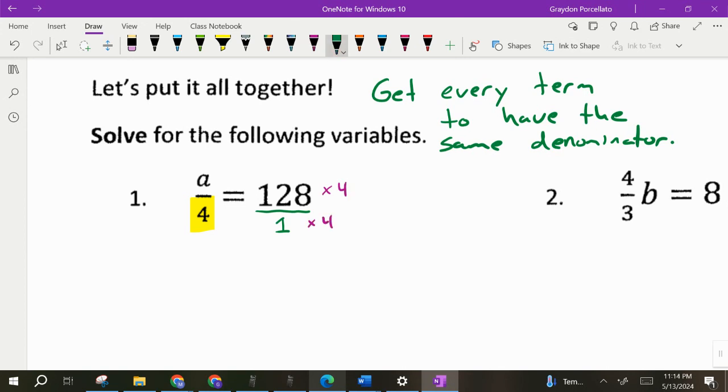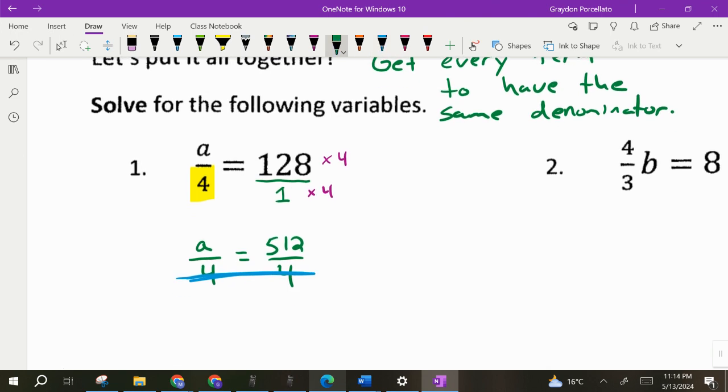So then my equation becomes, that's really bad A. A over 4 equals 512 over 4. Now, here's the best part of this. When your denominators are all the same, we just cross them all out. And so we get our answer of A equals 512. Okay?